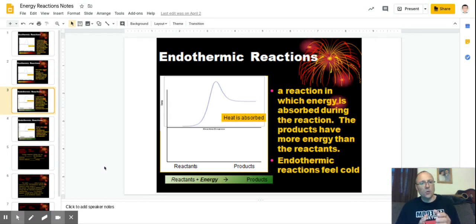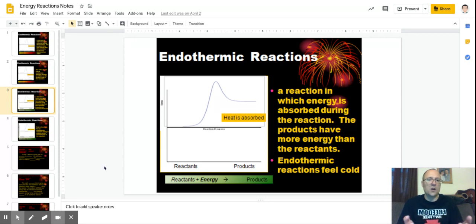So this is the one that's kind of confusing because we say heat energy is absorbed, and when it absorbs energy, it feels cold because it took it from the surroundings. Now, think of a bucket full of water. If I put a sponge into the bucket of water and the sponge absorbed water, and then we removed the sponge from the bucket, does the bucket have more or less water?